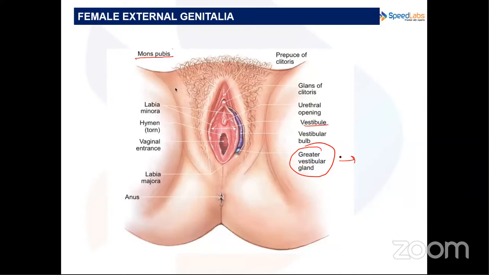So where is the Bartholin's gland? It is the greater vestibular gland. All right. The greater vestibular gland is called the Bartholin's gland. And what is the function of the Bartholin's gland? The Bartholin's gland secretes a mucus-like substance.